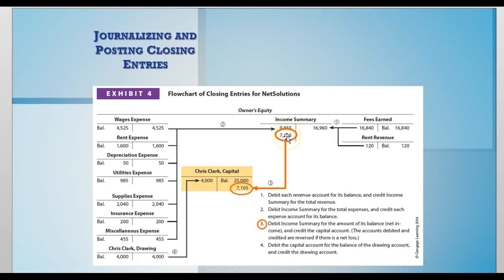Now, my next thing to do is to take and debit the income summary. What's that going to do to that? I'm going to debit the income summary for the difference between the two, and that goes into the capital account. Now, one more step. Let's see what we do on this one.